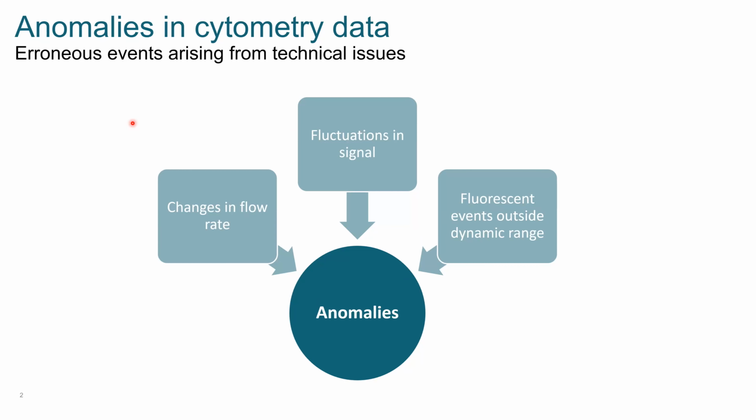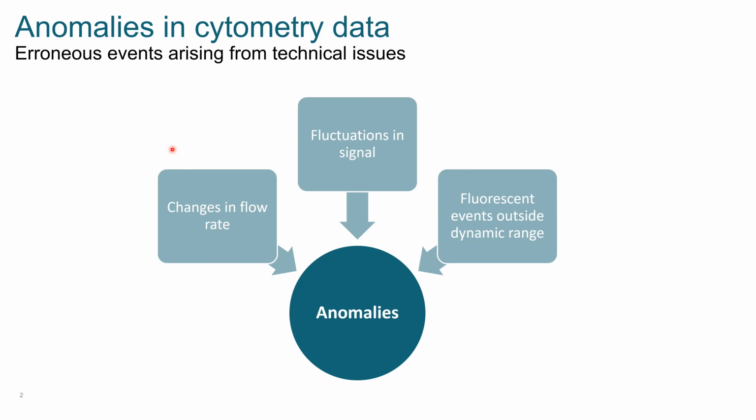When we're talking about cleanup tools and getting high quality data, it's really an effort to try to remove anomalies in our cytometry data. And when we talk about anomalies, we're talking about erroneous events that arise really from technical issues at the instrument. There's a lot of standardization and calibration that happens at the machine to make sure that it's always performing at its best, and that we don't end up with massive batch effects.